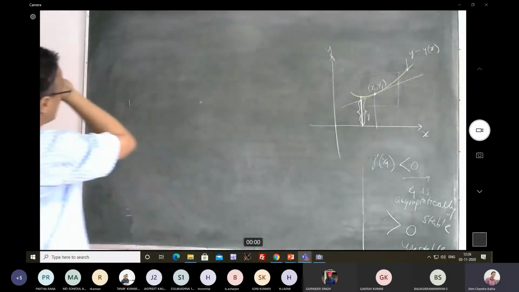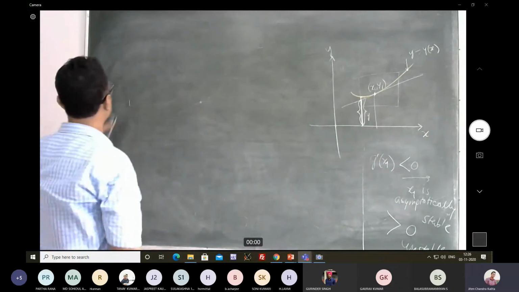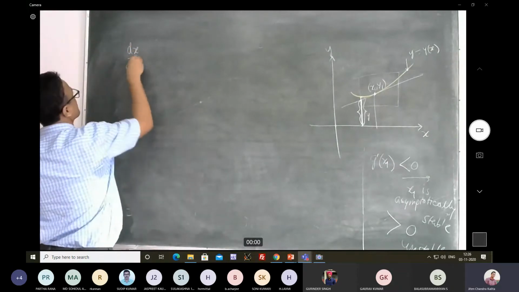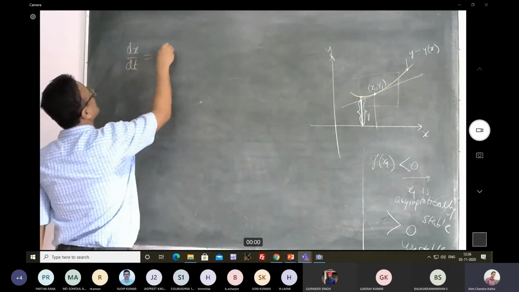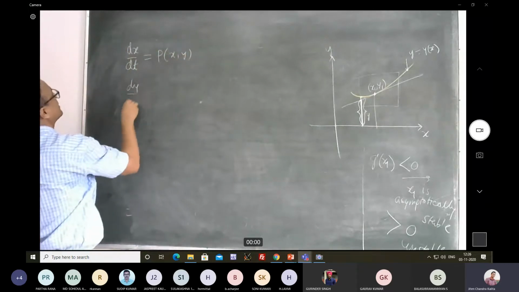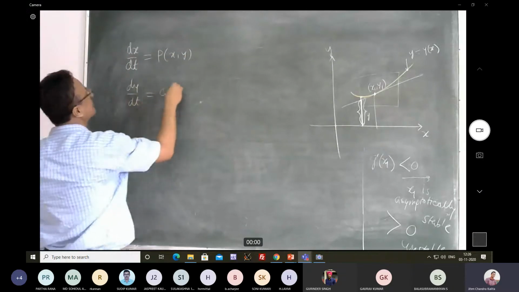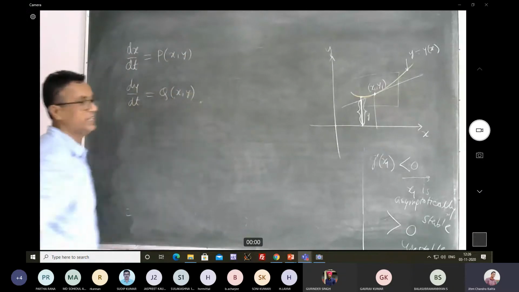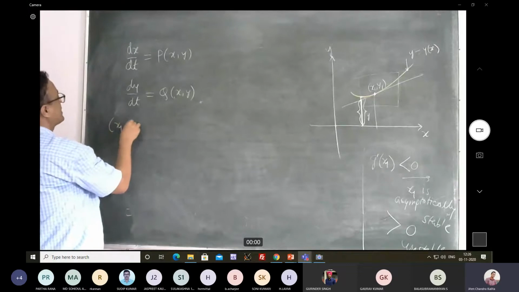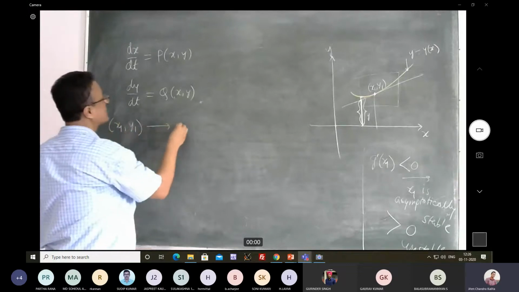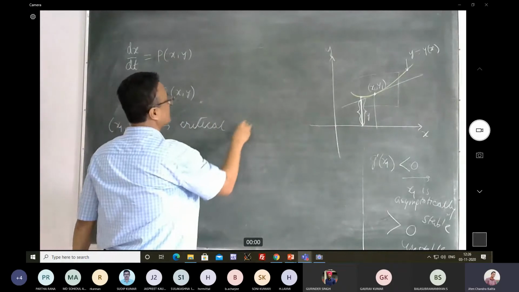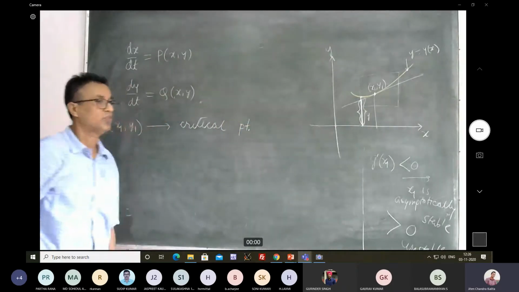Now in 2D, let us consider a plane autonomous system, dx/dt equal to P(x, y) and dy/dt equal to Q(x, y). Suppose (x1, y1) is a critical point for this system.